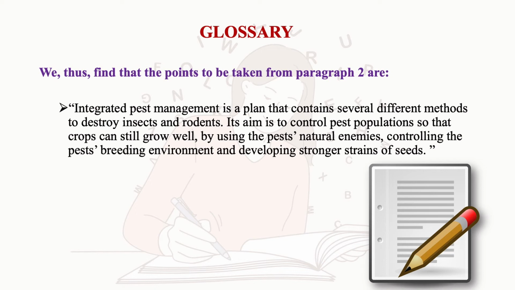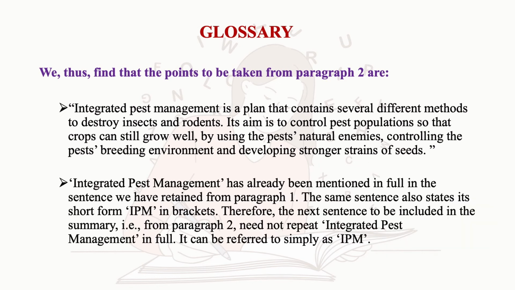Therefore, the next sentence to be included in the summary, that is from paragraph 2, need not repeat integrated pest management in full. It can be referred to simply as IPM.